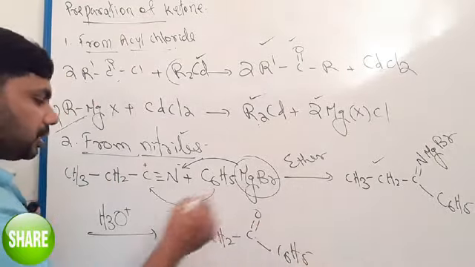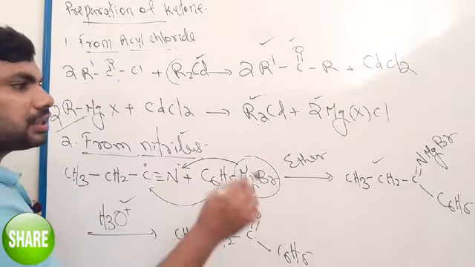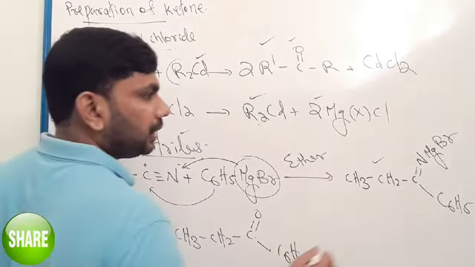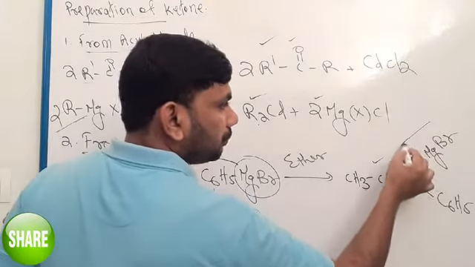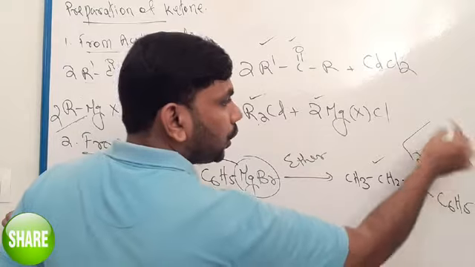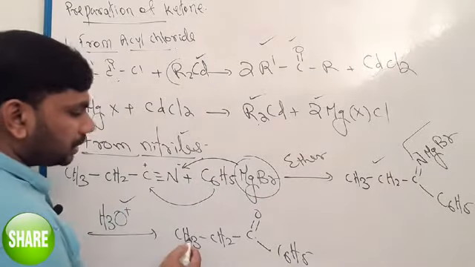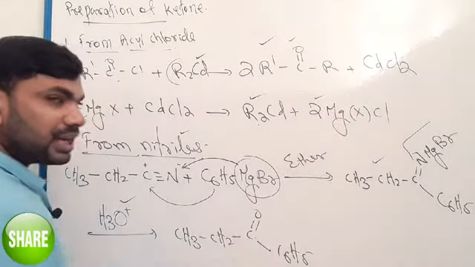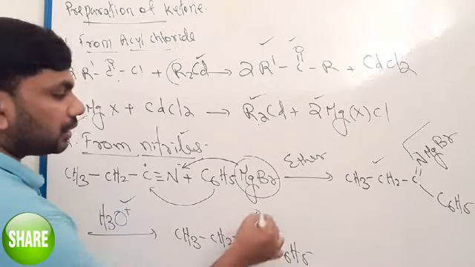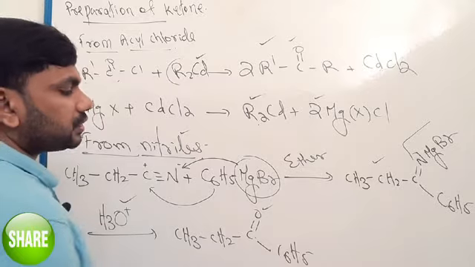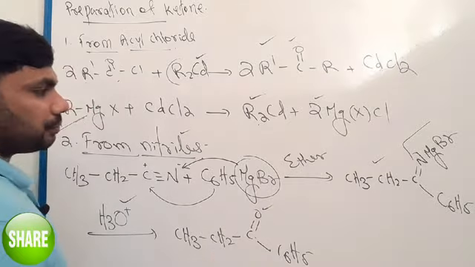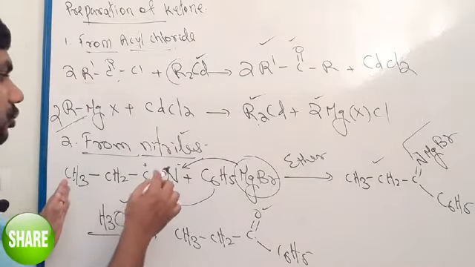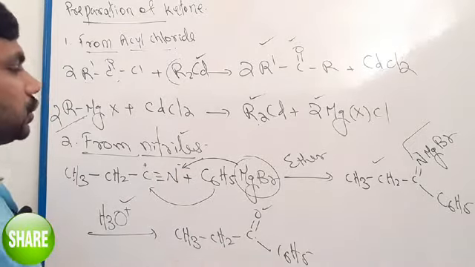This product on further hydrolysis, this part will break, and here oxygen will come. So look here, CH3CH2C, NMgBr removed, instead of NMgBr, here oxygen, C6H5. So this is ketone. So from nitrile we can convert to ketone.